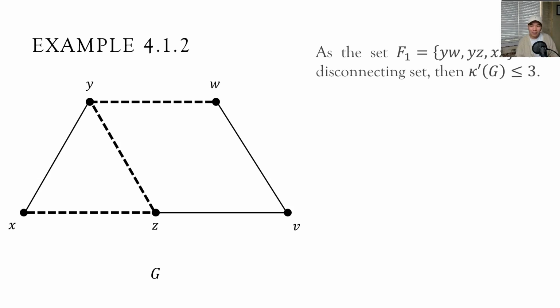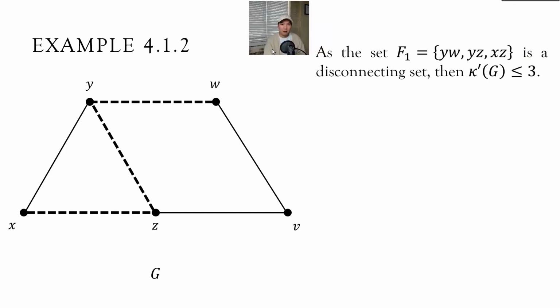So that tells me if I look at a set, F1 is equal to WY, YZ, XZ, this is a disconnecting edge set. This also provides an upper bound for kappa prime. Let me move myself over here so I don't block the text. So here I have an upper bound of 3.